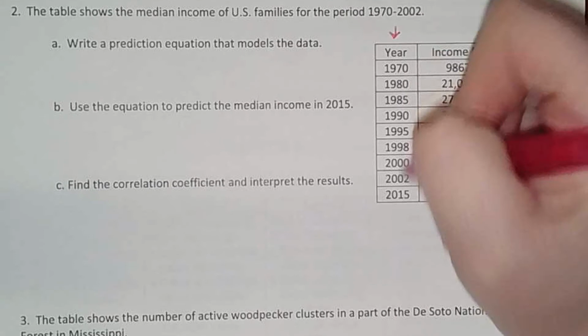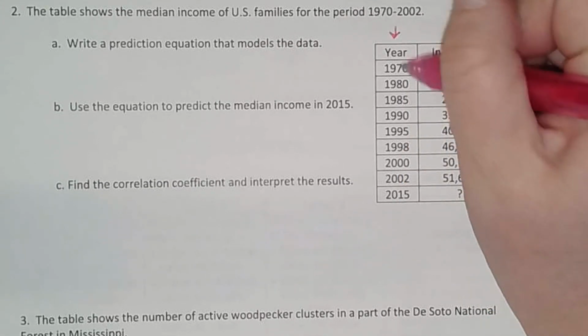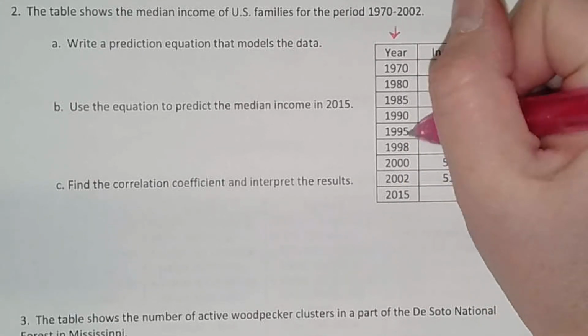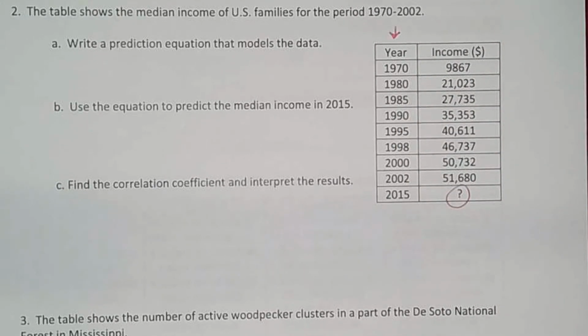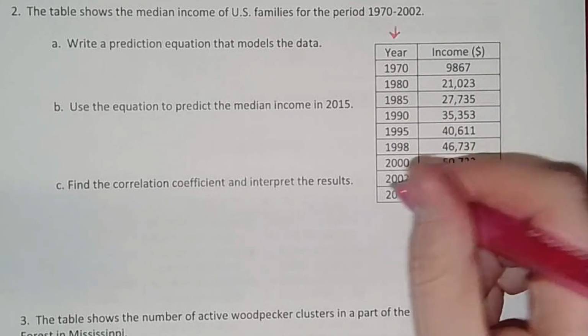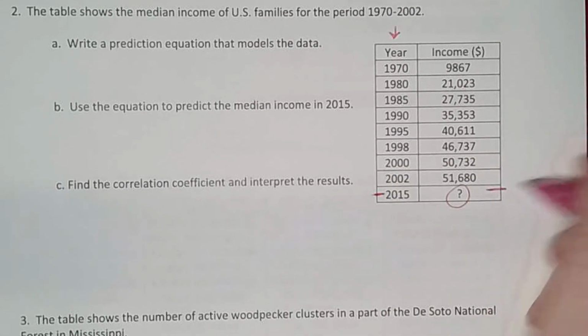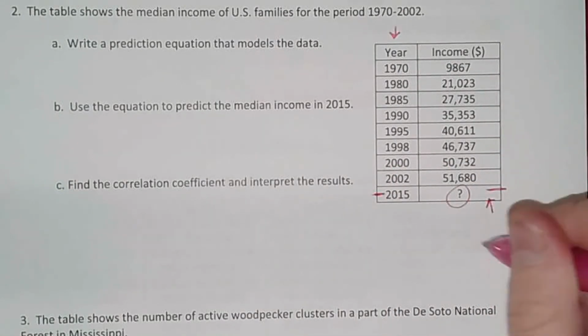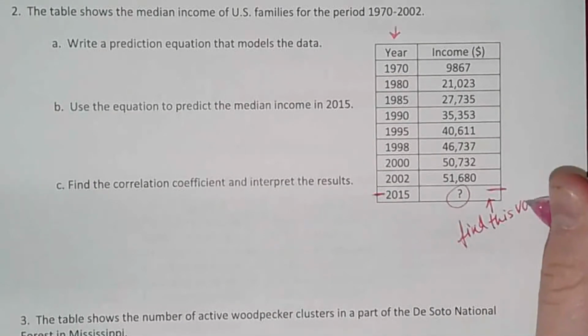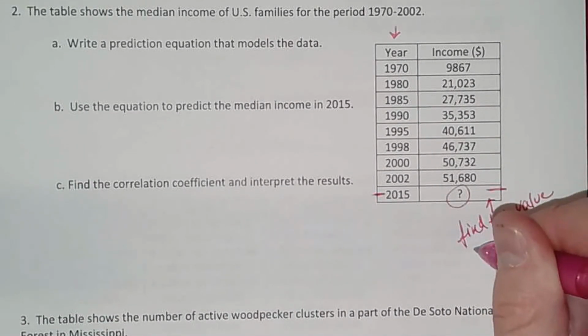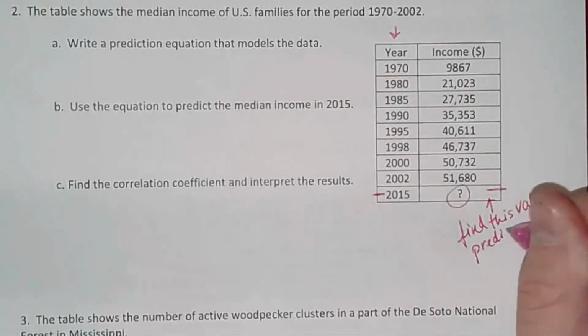So my list will be 1970, 1980, 85, 90, 1995, all that. If you have something that has a question mark, you do not type it in. So this line here cannot be typed in. That's what you're solving for. That's the find this value prediction.